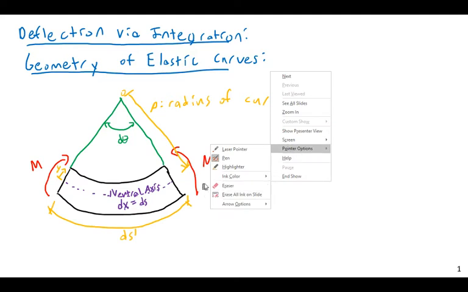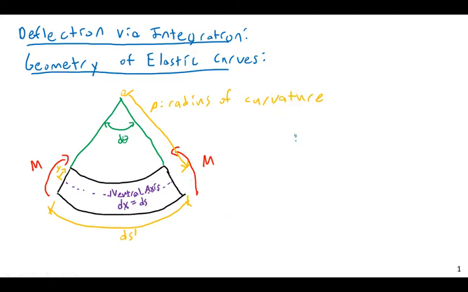Okay, and then some other notes here. We do need to keep in mind, recall, at the neutral axis, the stress and strain due to bending is 0.